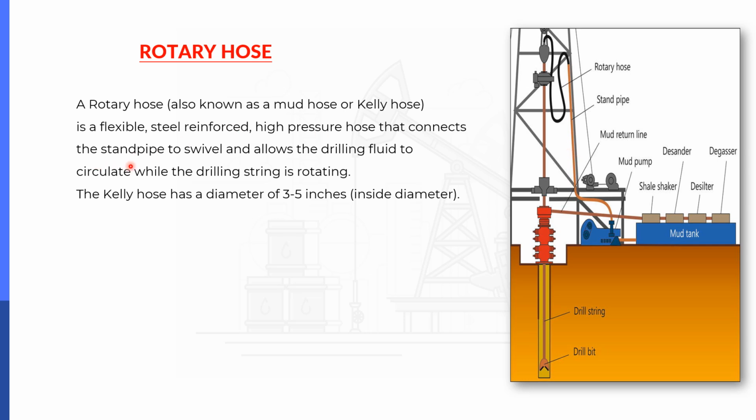So this is the standpipe, and this is the rotary hose connecting to the swivel, allowing the drilling fluid to circulate while the drill string is rotating. The mud pump pumps through this rotary hose. The Kelly hose has a diameter of 3 to 5 inches. This is the inside diameter.